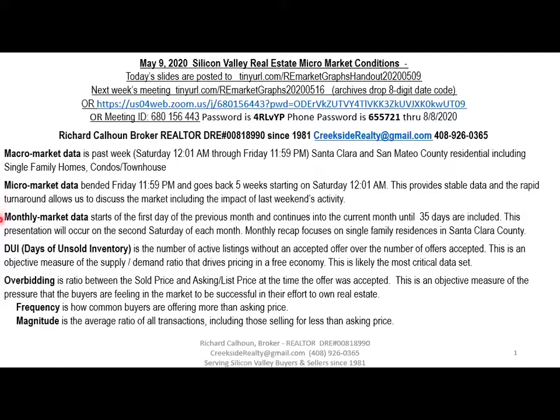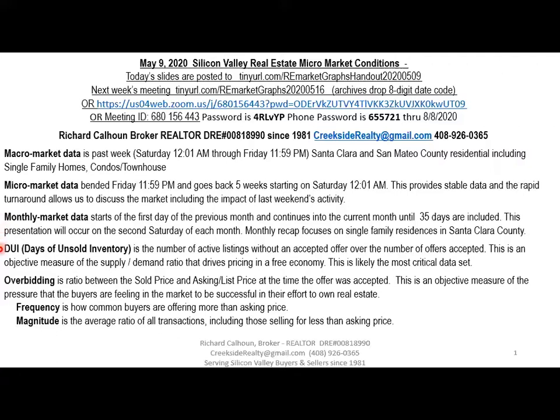And then the third data is the monthly data, which focuses on single family homes in Santa Clara County, countywide, but it goes back 20 years. So it gives you a nice historical perspective, because in the long term, all boats go up and down with the tide, but in the short term, there is definitely differences between the different micro markets.